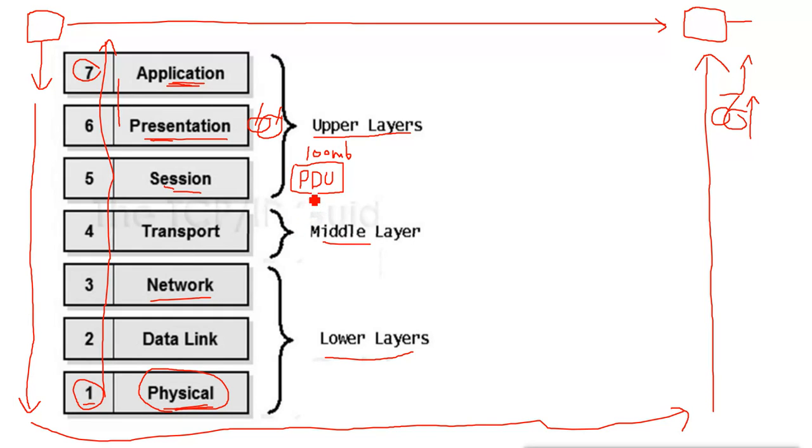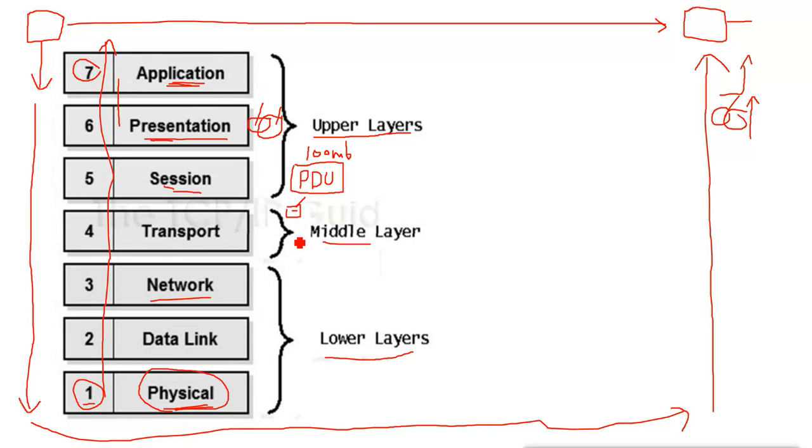It will divide the packet into multiple small segments. For example, it divides it into 1 MB segments, so it will divide this packet into 100 different segments of 1 MB. And those different segments we also call PDUs, because this is the same data which we have.